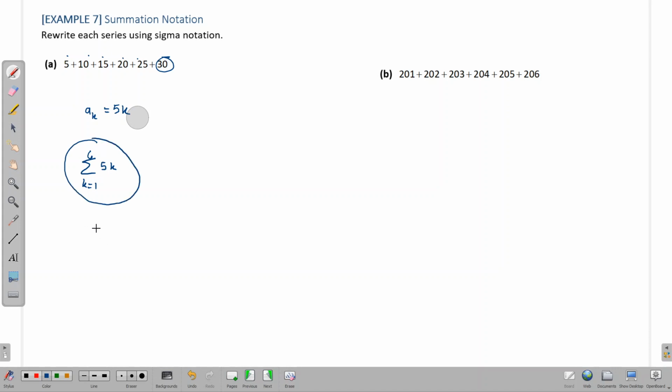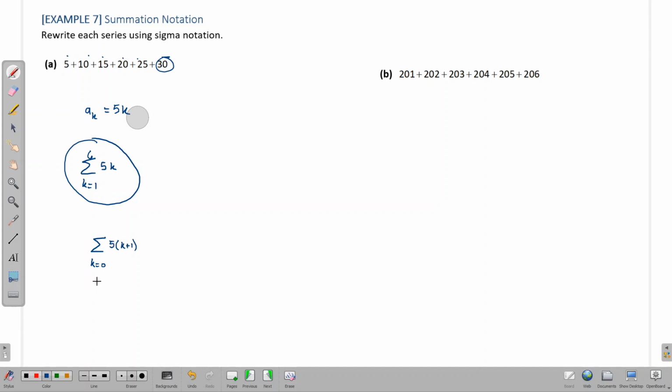Now, one thing that makes these confusing is they're not unique. There's actually infinitely many ways that you could write this formula. So as an example, let's make a variation of this. Let's just say that for some reason you insisted that you needed the index to start at 0. Well, then we would need to modify the generator, and we can modify it fairly easily just by adding 1 to it. So now when I plug 0 in, the very first one is still going to be 5 times 1.